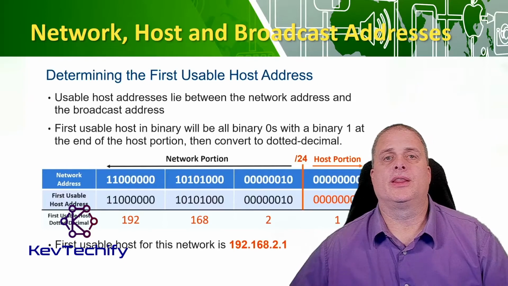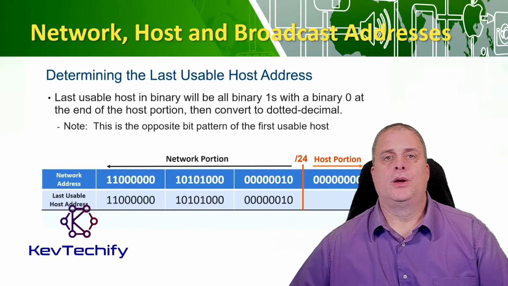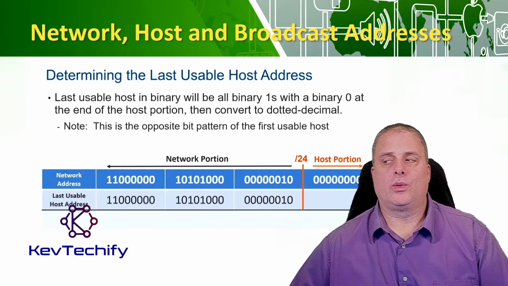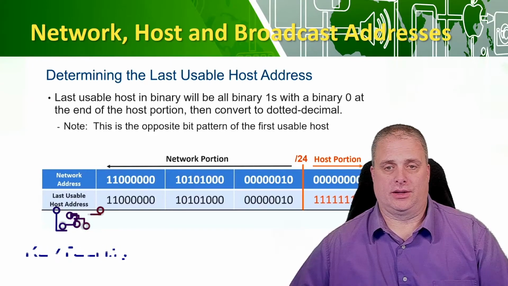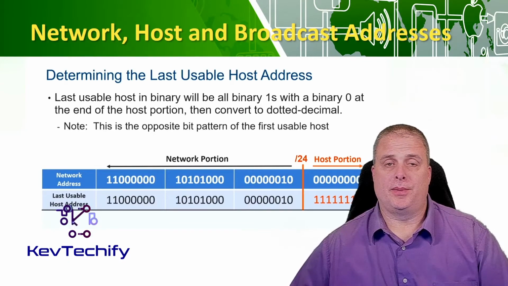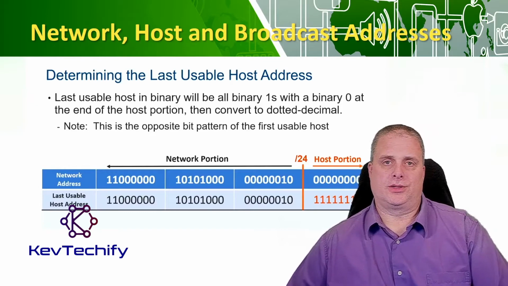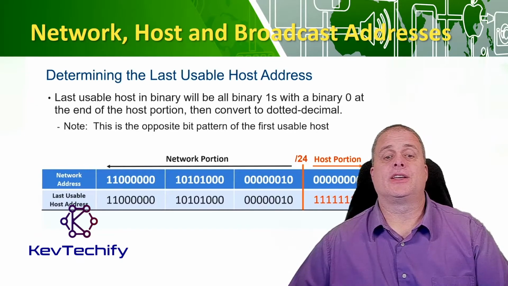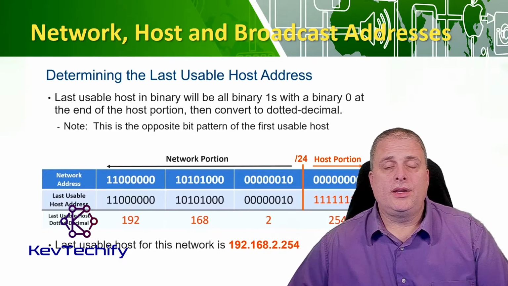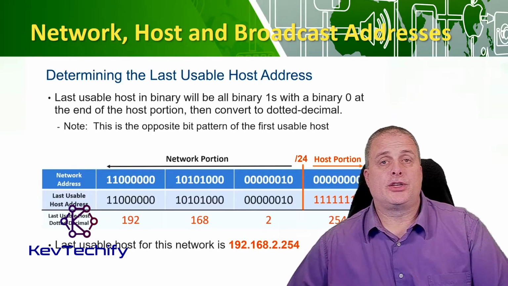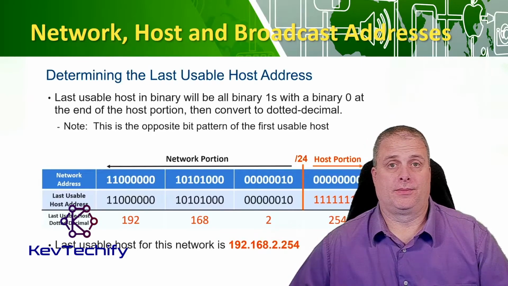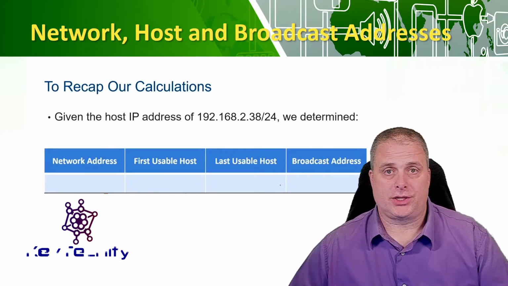Lastly, we'll determine the last usable host, which will be all binary 1s with a 0 at the end, the opposite bit pattern of the first usable host. Converting to dotted decimal, we get 192.168.2.254.